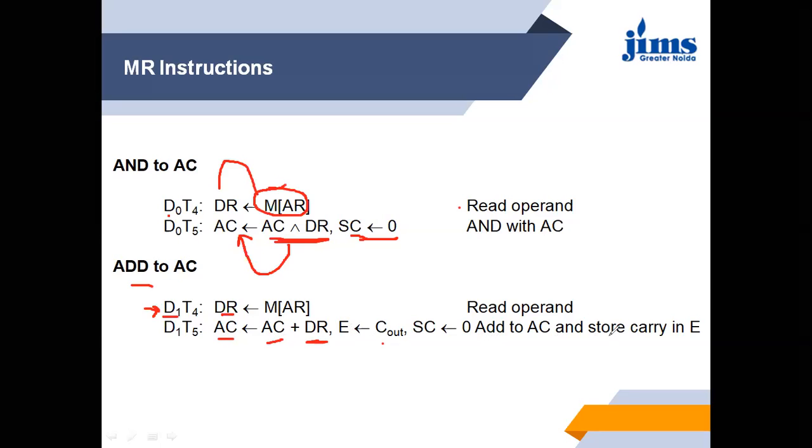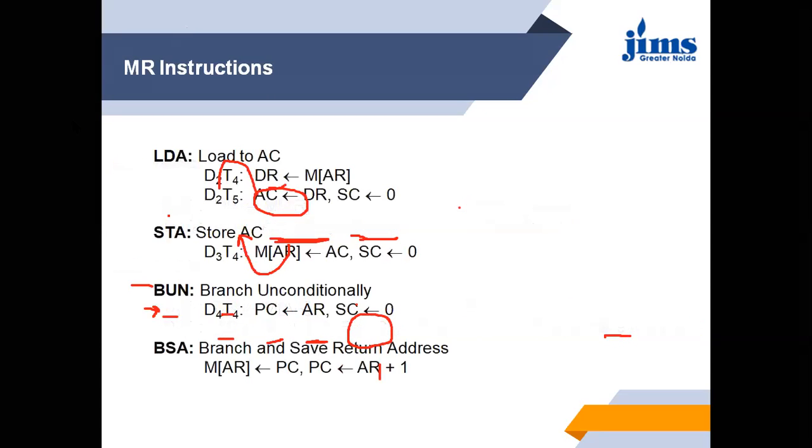Means store a carry in E. If there is a carry from adding AC and DR, then it will be 1. If there is no carry, then this will be 0. So it happens in the case of AND and add.